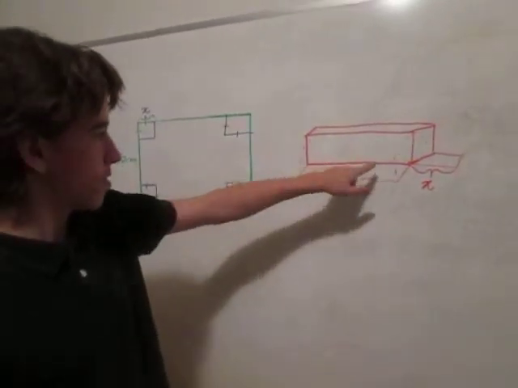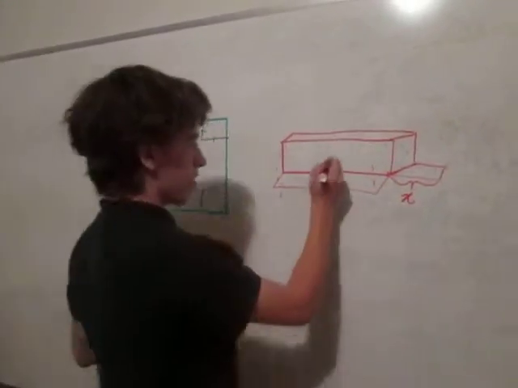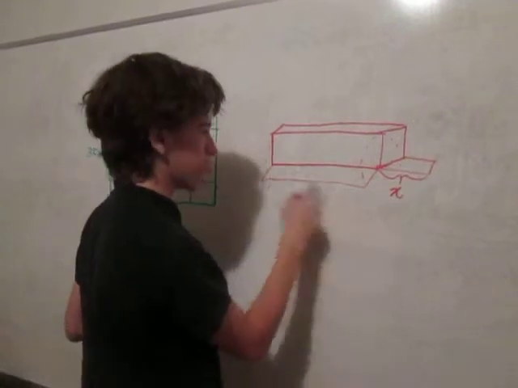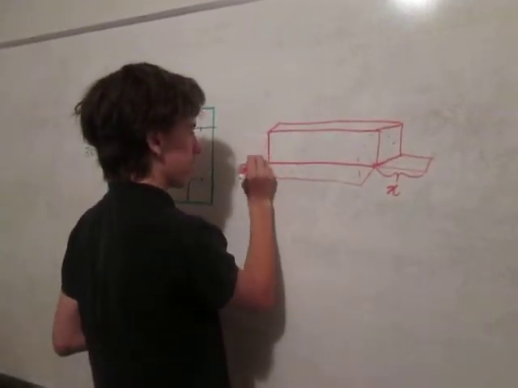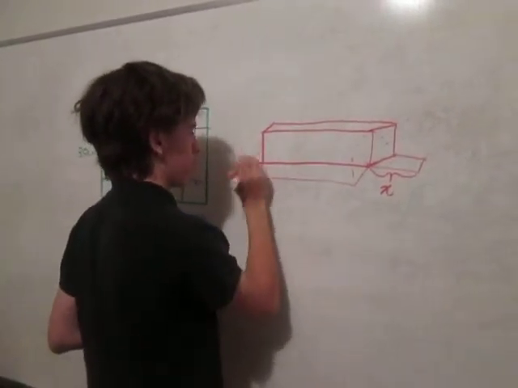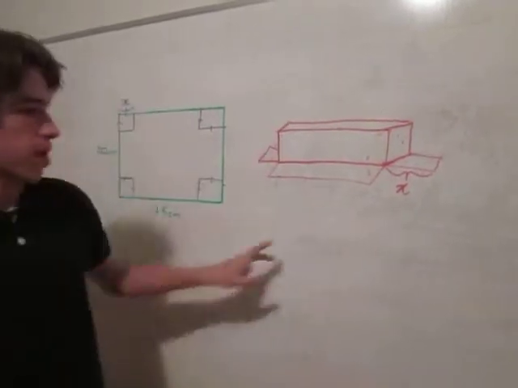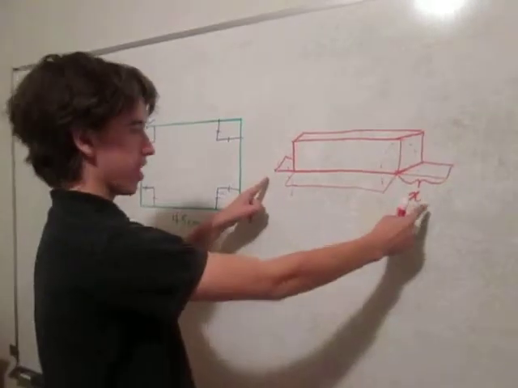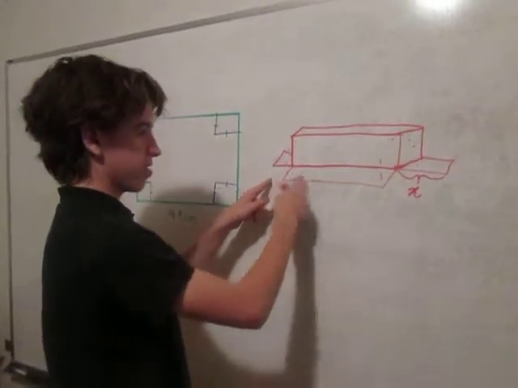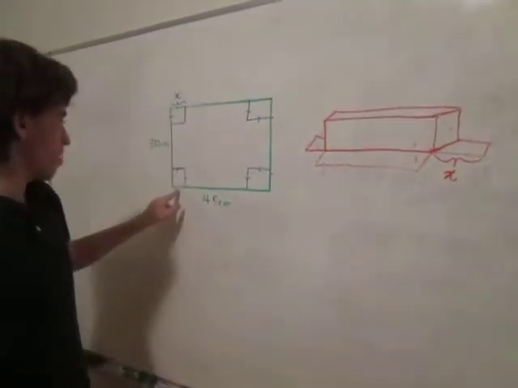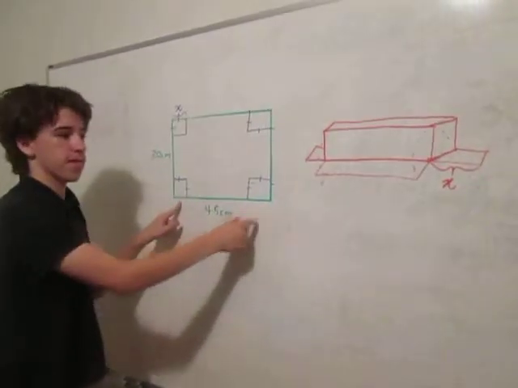And then the length of this side of the box is equal to the original minus these two x's that we took away from it. Because we took this x away from the total length, and we took this x away from the total length as well. We subtracted 2x from this 45 centimeters.